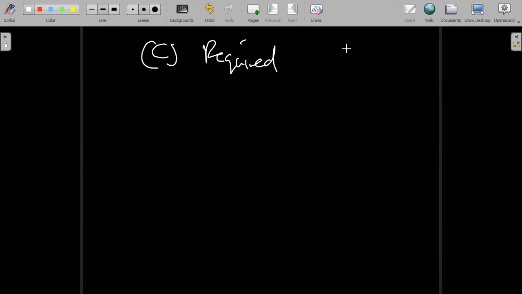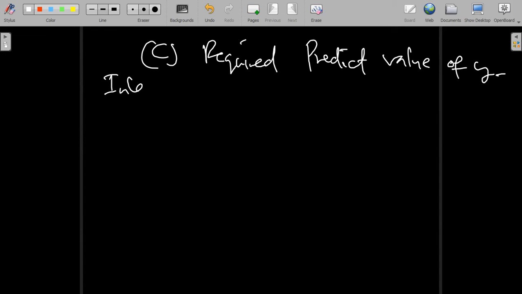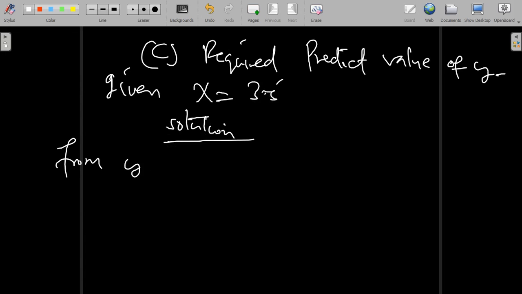Now part C, we are required to predict the estimated variable y when we are given x, the independent variable, equal to 3.5.